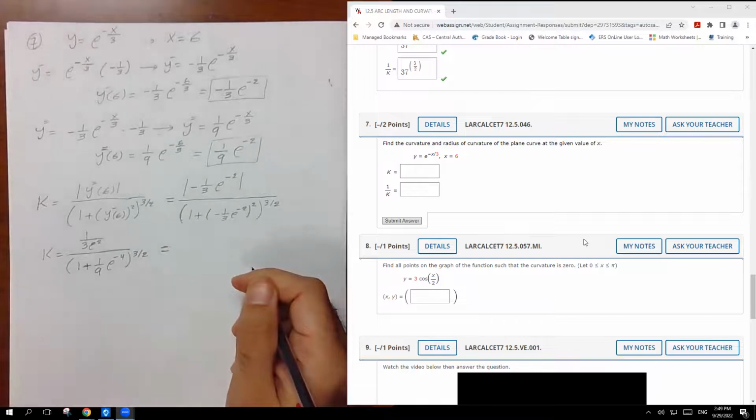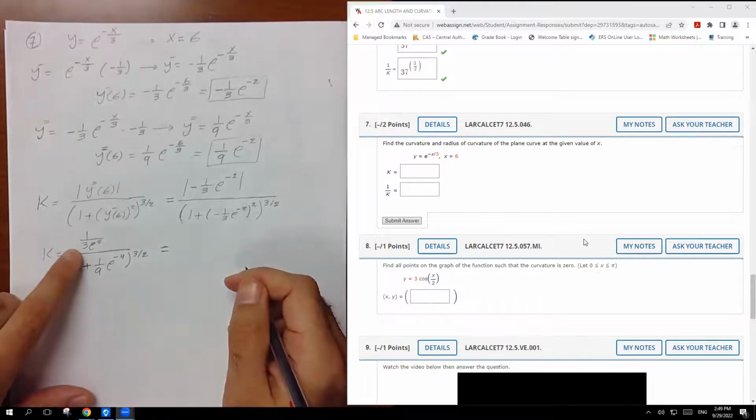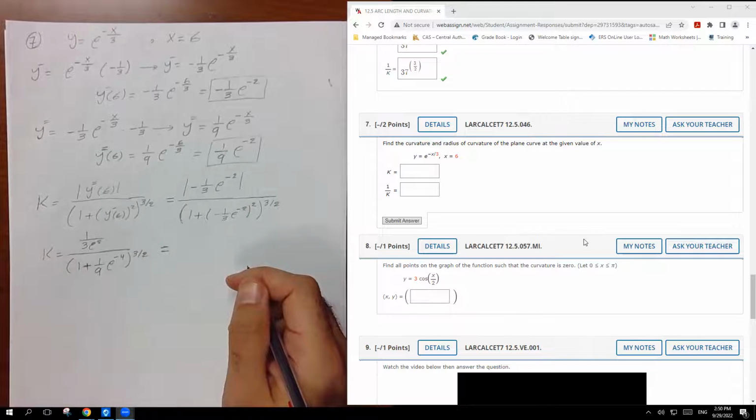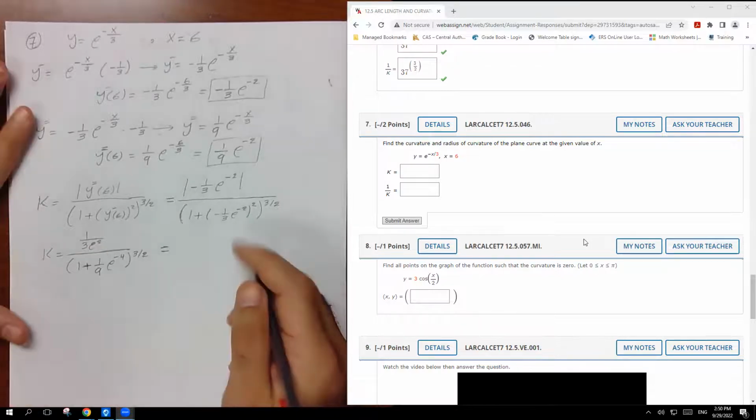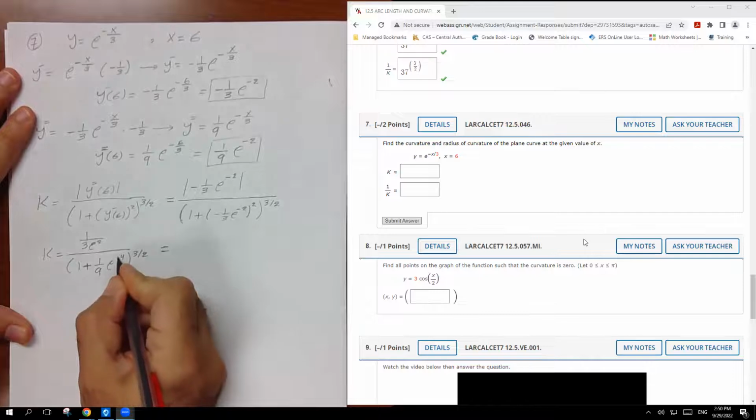Let's try to simplify it more. On the top, I can't do anything, but here I'm going to take a common factor, which is 1 over 9 e, just factor it out. And this one is positive because we square it. So this one is positive.